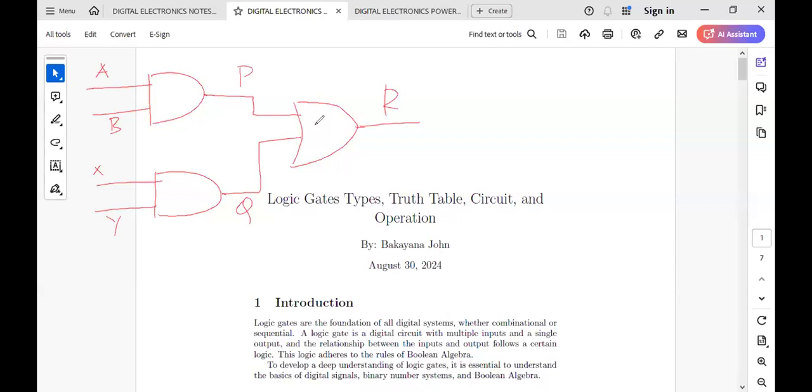Now, what do you notice? That the first 2 gates, M and N, are AND gates. And then this H is an OR gate. And then we are asked to come up with a truth table. So let's first deal with the inputs.